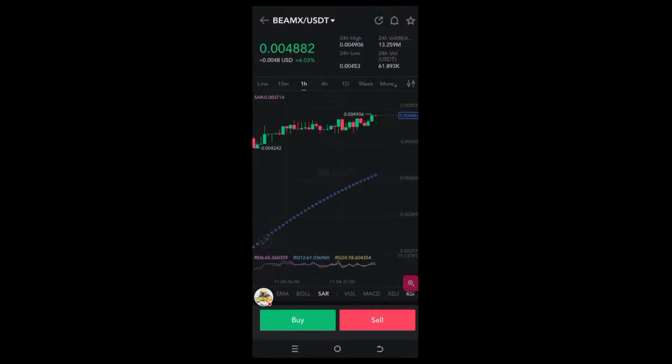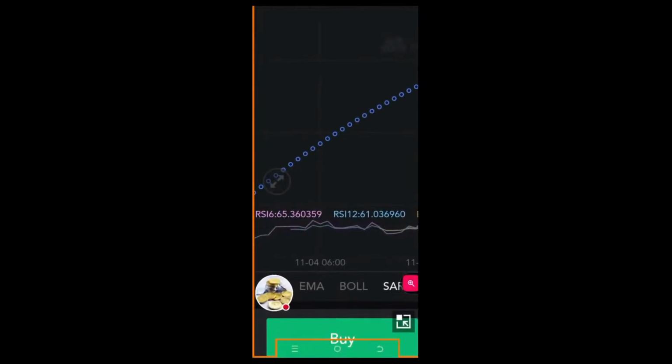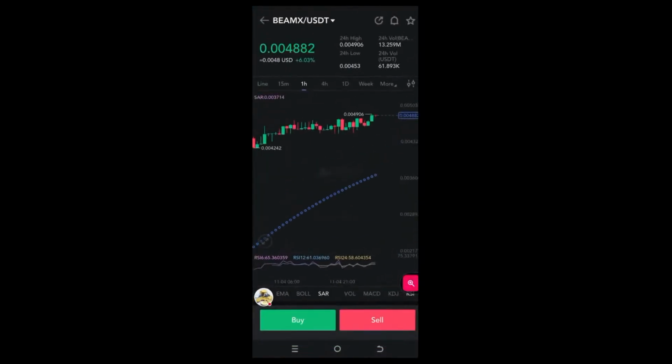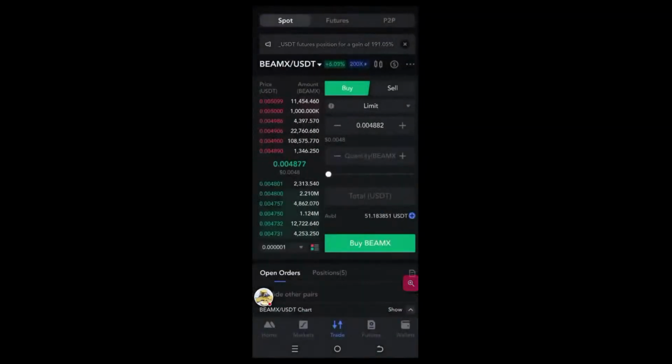I'm going to show you some examples shortly, right? Not all new coins are going to behave the way BeamX behaved, but this one is good. It's still on the upward trend. As you can see, the parabolic SAR is still pushing up. People are still buying, right? And the price is going high, because as people are buying more and more and not selling as much, the price will keep on going high. And that's what's going on in BeamX.